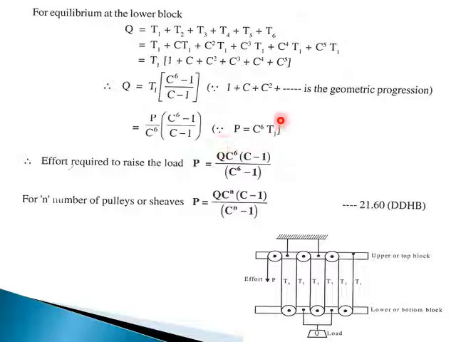So this is what you have done in the previous steps, right? P is equal to C to the power 6 into T1. So you just replace that and you get the effort required to raise the load.